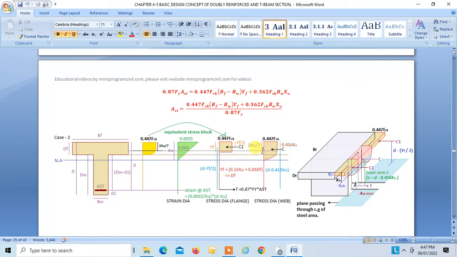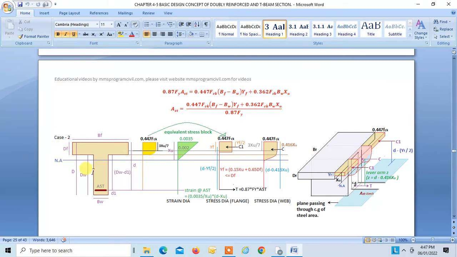At this line we have the strain 0.002. This is the outermost strain, 0.0035, but the strain at the level of distance 3 by 7 XU will be 0.002, and up to this the stress is constant, that is rectangular. After that, the parabola starts. So over here we can see that strain 0.002 falls within the flange, or you can also say that 3 by 7 XU is less than Df.